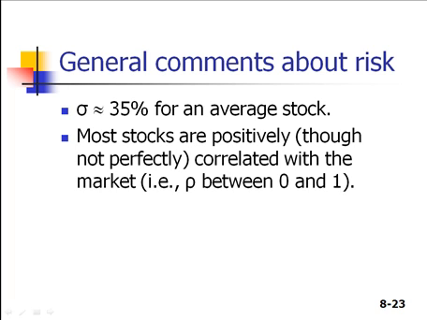Now, as far as correlation, remember I said that most stocks are positively correlated with each other and with the market in general. That is, when the market does well, that is, it has a better than expected day or week or month or even year, then it's also likely that any randomly chosen stock will also have done better than expected.